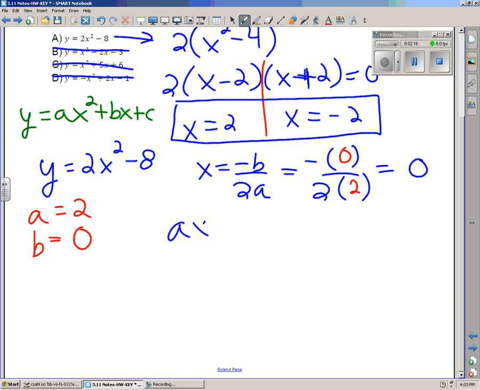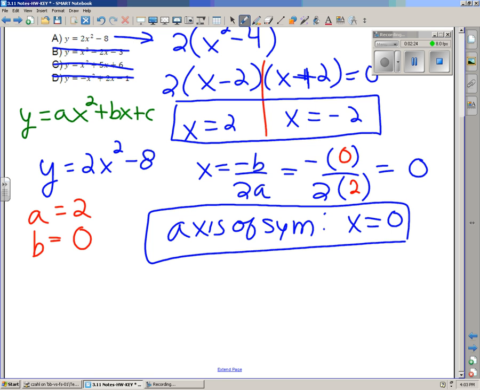So the axis of symmetry is x equals 0. That was the second part that you had to do. The third part says to find the vertex, and the only way to find the vertex is to take the axis of symmetry, x equals 0, and plug it in wherever you see an x in the original equation, y equals 2x squared minus 8.